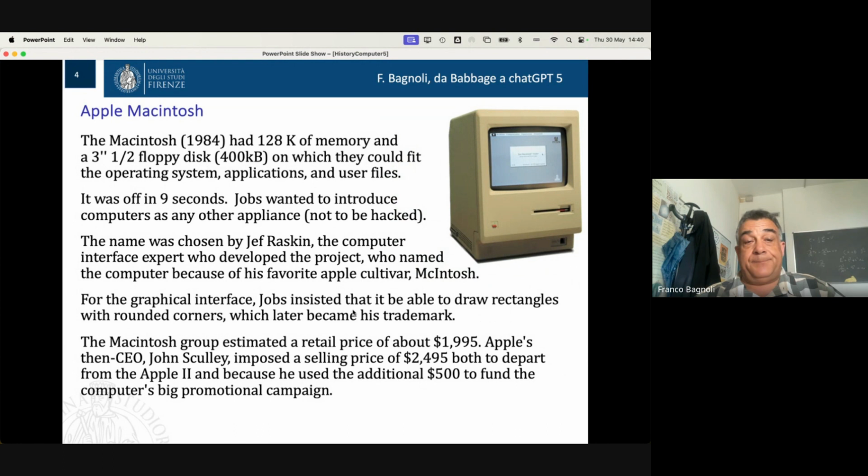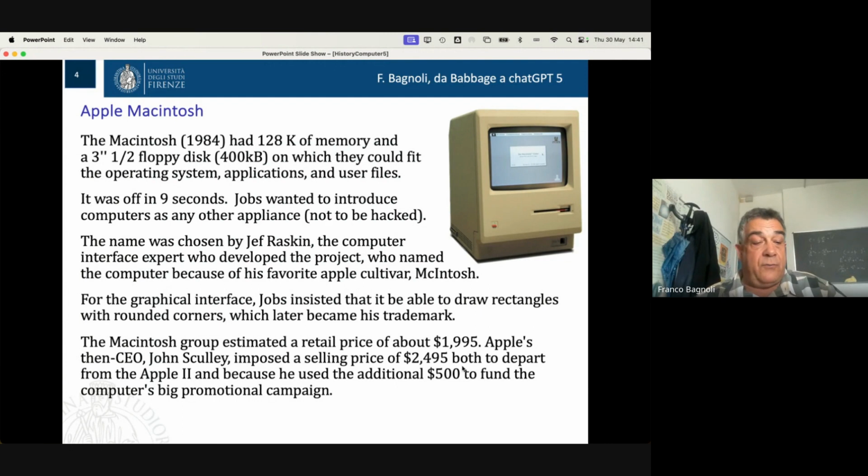And it cost not a cheap price, about $2,000, but you essentially had to add at least another floppy disk drive, otherwise it was continually swapping disks.